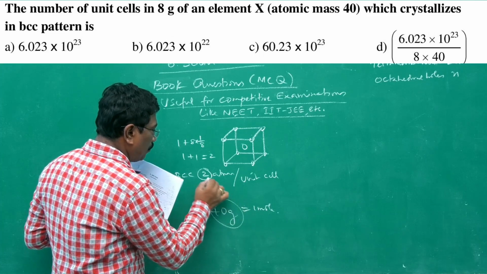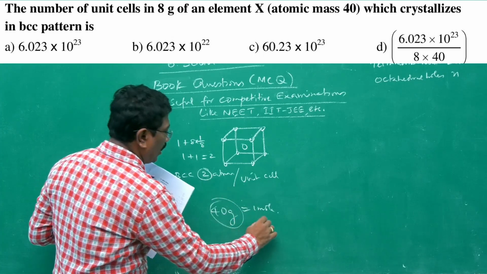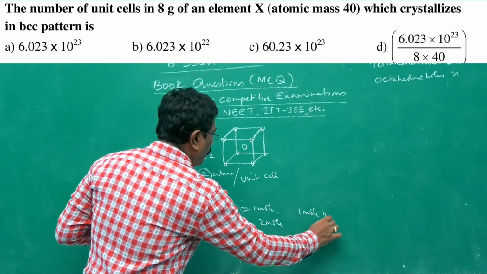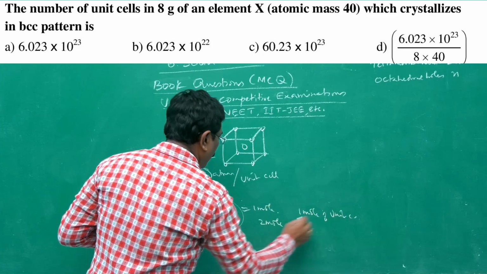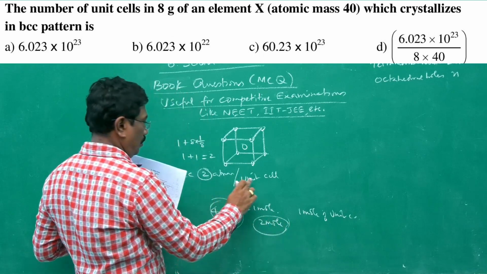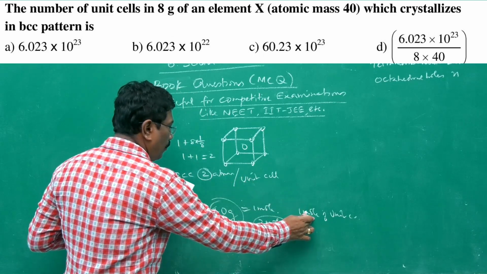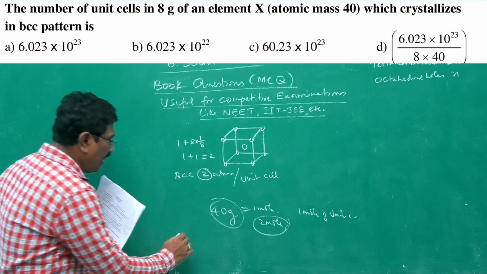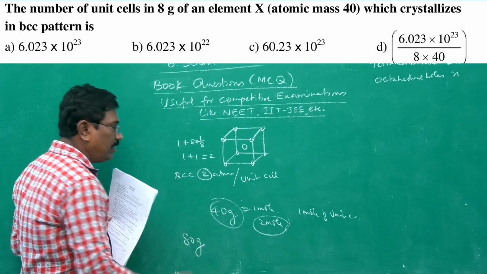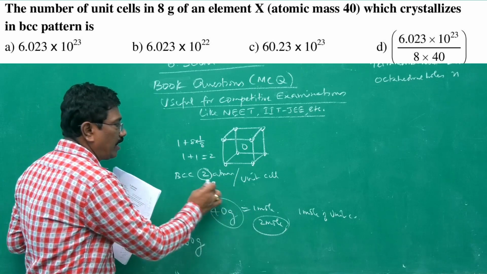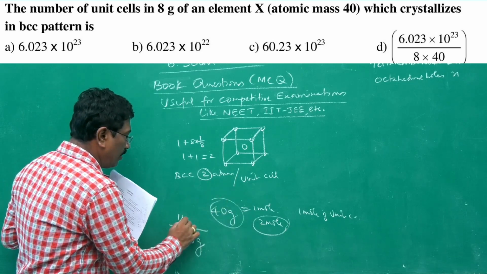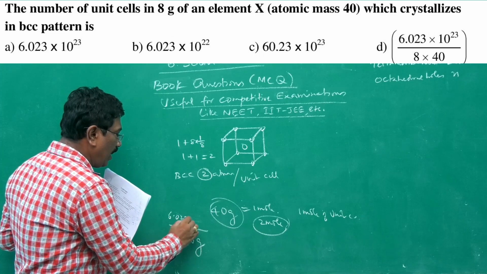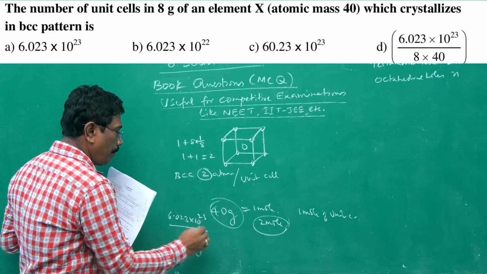So 1 unit cell has 2 atoms, and 1 mole of unit cells has 2 moles of atoms. So 80 gram will have 2 moles of atoms and 1 mole of unit cells. 1 mole of unit cells means 6.023 × 10^23 unit cells.